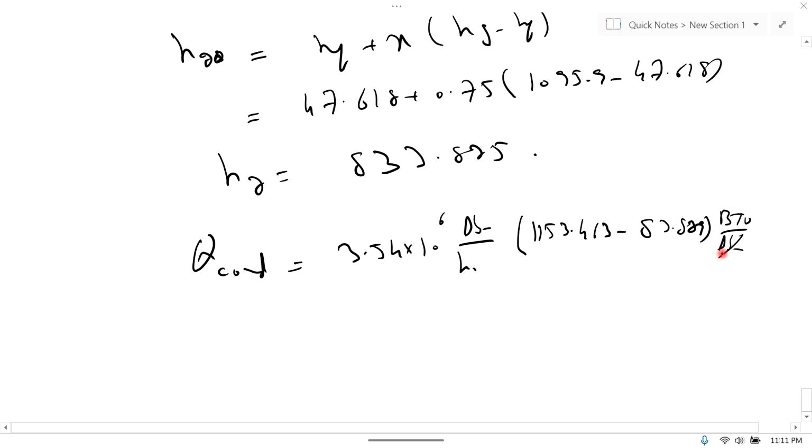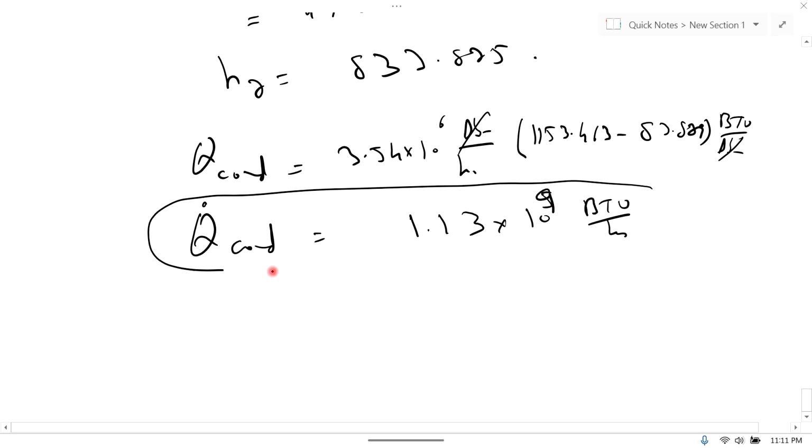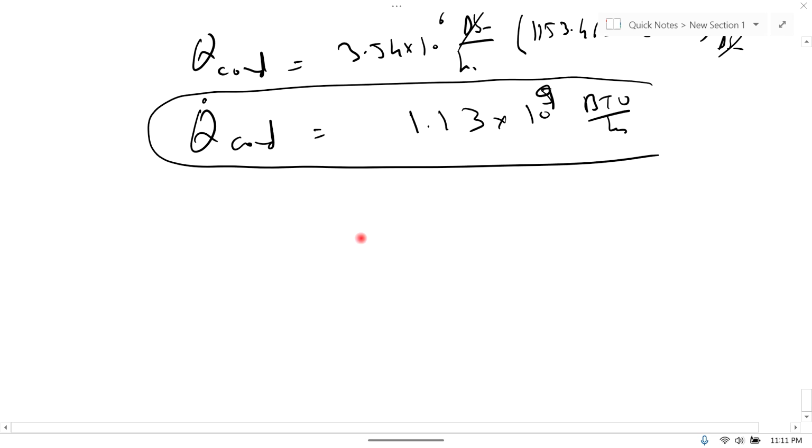Pound mass will be cancelled with pound mass, and heat transfer in the condenser, which is the heat rejected, is 1.13 multiplied by 10 power 9 BTU per hour.